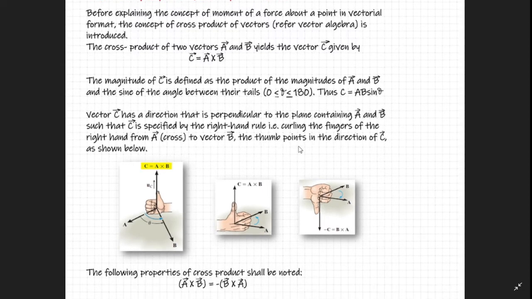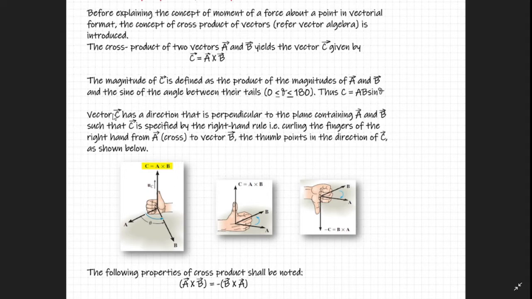Obviously, vector C also has to be defined with respect to its direction, because just now we have written only the magnitude. Vector C has a direction perpendicular to the plane containing vector A and vector B, such that vector C is specified by the right hand rule.